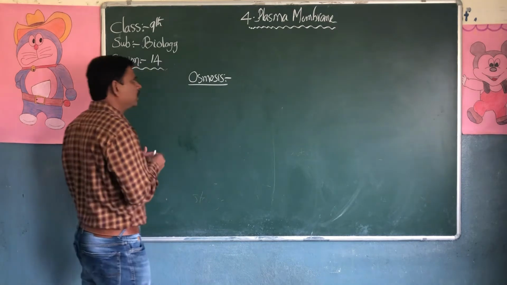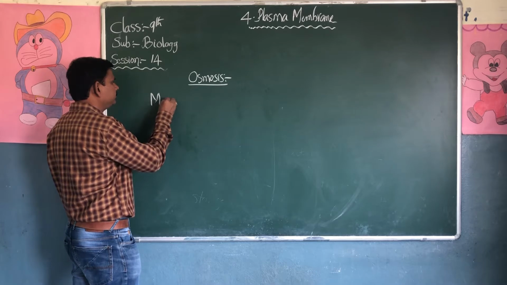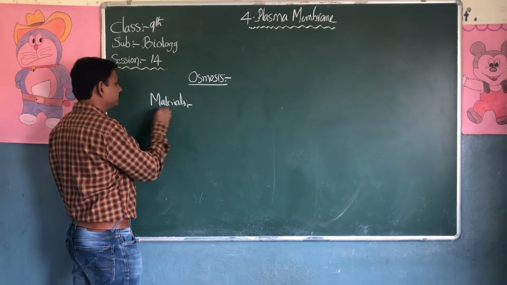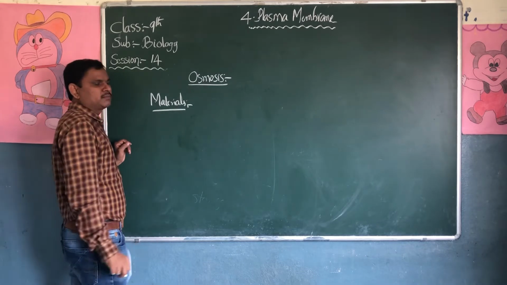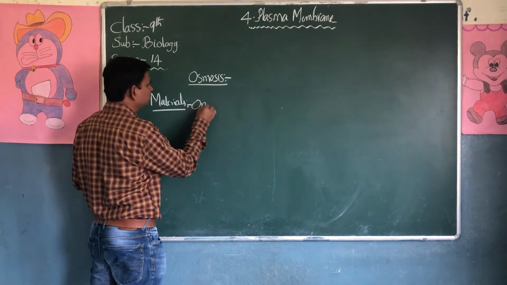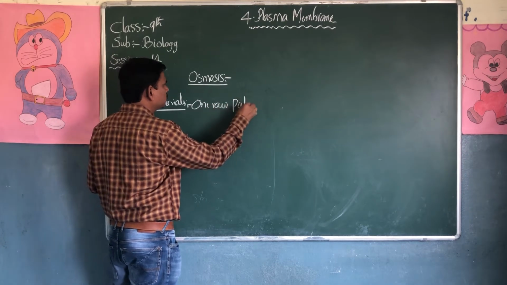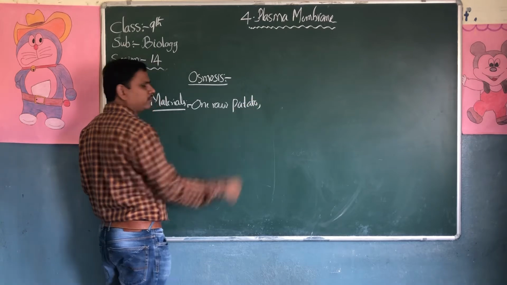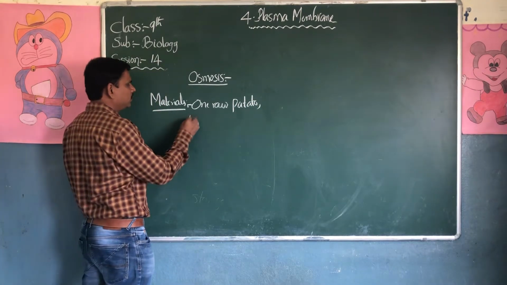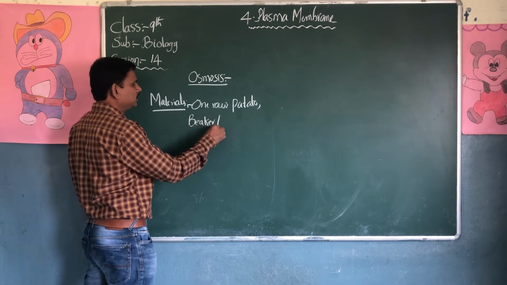We need some materials for this experiment. What materials do we require? Generally we need one raw potato. We need some beakers. If a beaker is not available, you can use a bowl also.